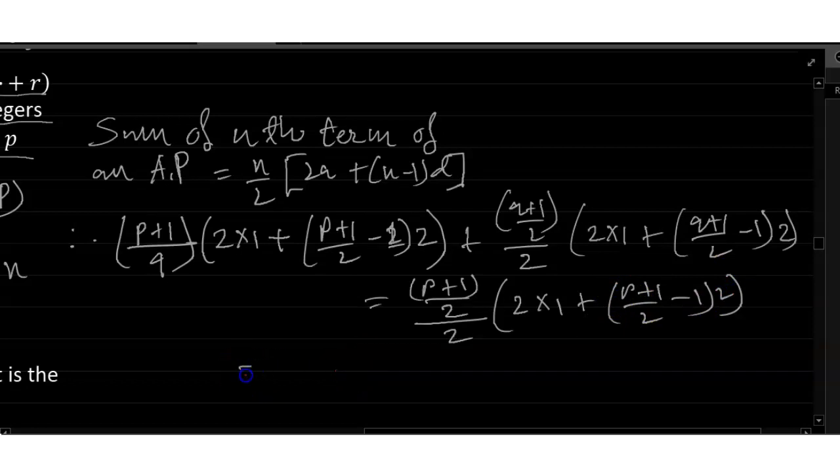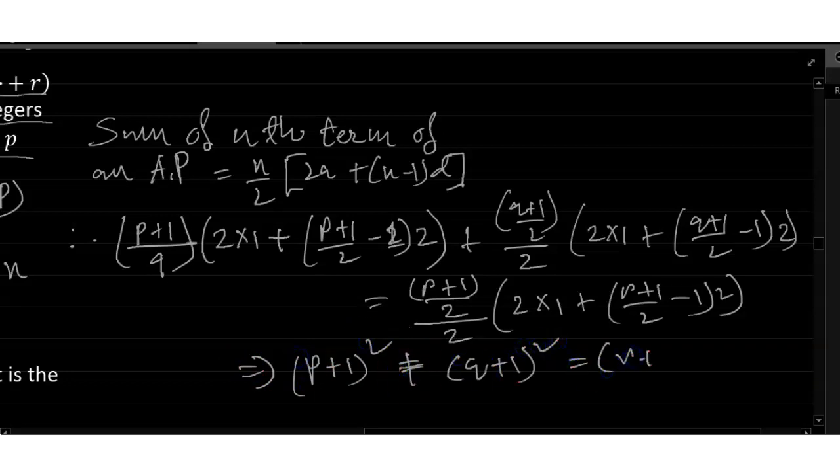So we get the value that is (p + q + 1) whole square equals to (r + 1) whole square.